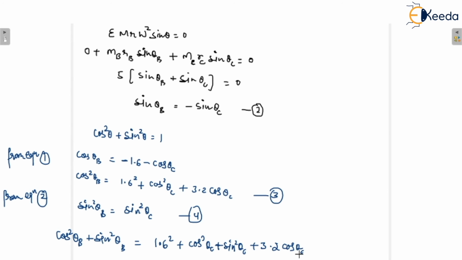This is what you get when you add equation number 3 and 4. This would become 1 and this would become 1, because we know that cos square theta plus sin square theta is equal to 1. So finally you will get 1 is equal to 1.6 square plus 1 plus 3.2 cos theta c. Okay, so this one and this one will cancel out.